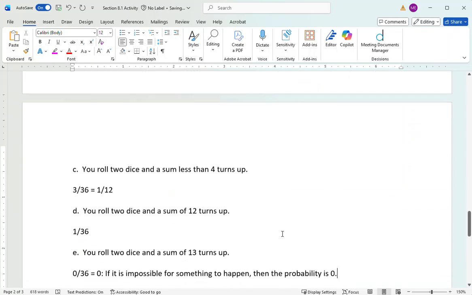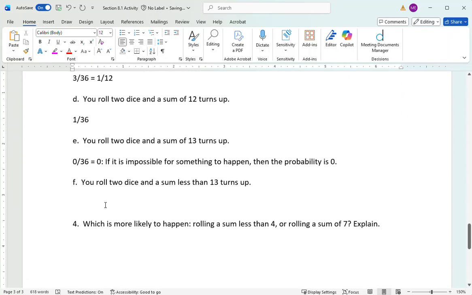So this has a probability of 36 out of 36, which is 1. So if it is certain that something will definitely happen, then that means that the probability is 1.